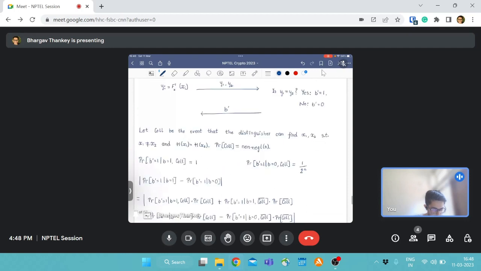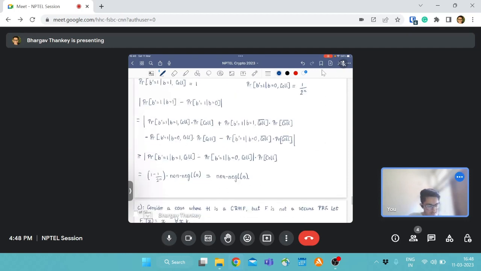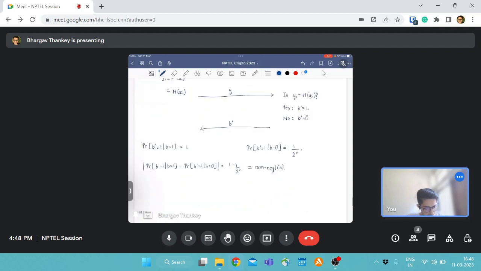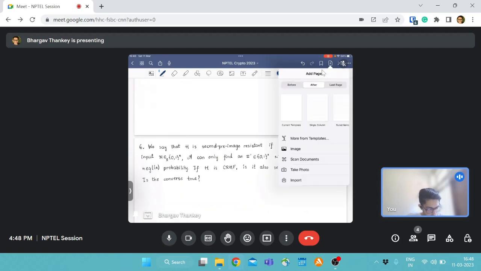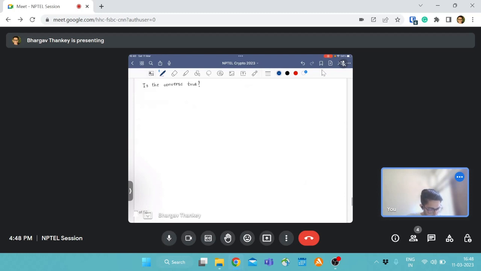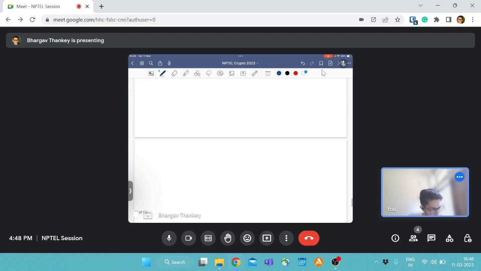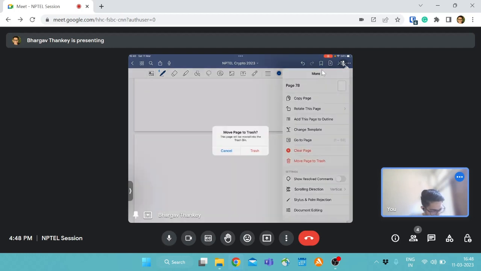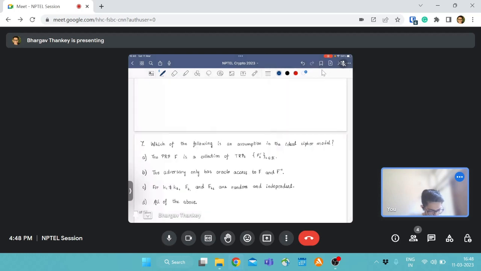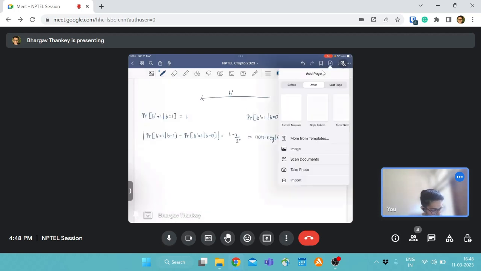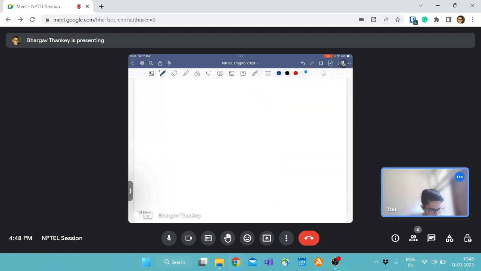In this case, both are secure. F is a secure PRF, H is a collision resistant hash function. Okay, so option D. So in this case, we'll use a reduction.